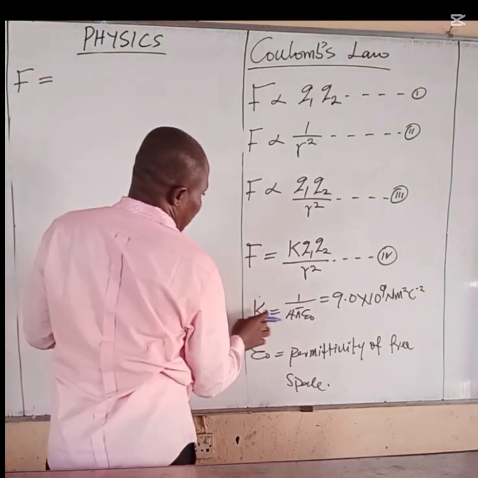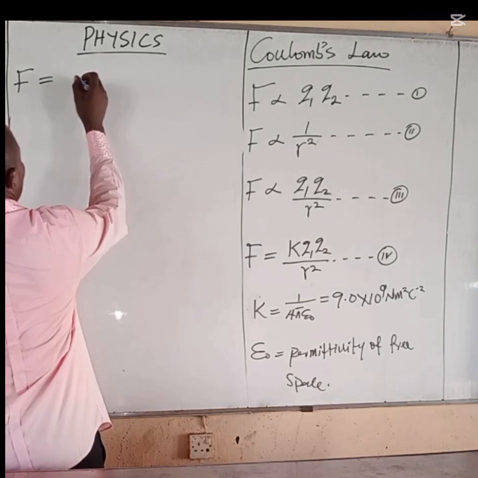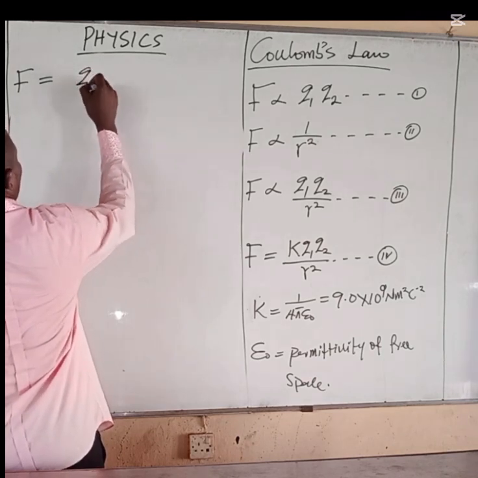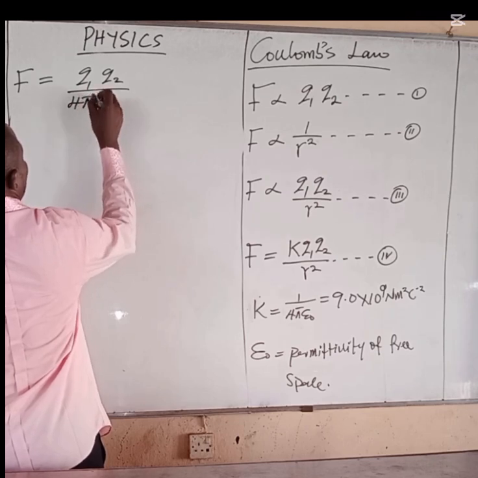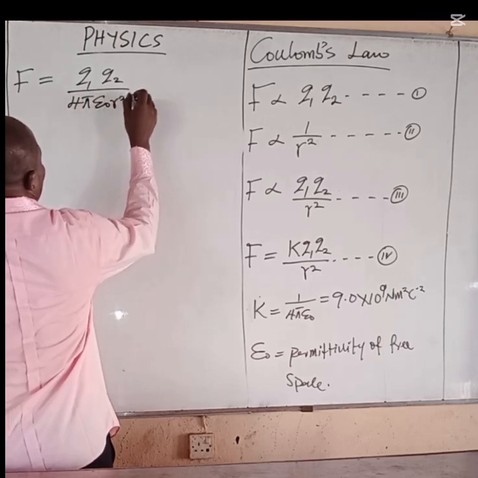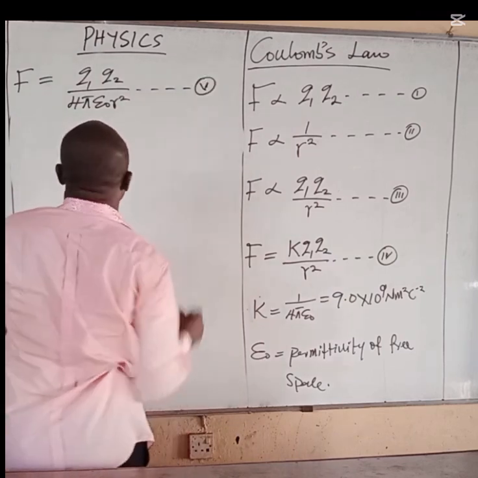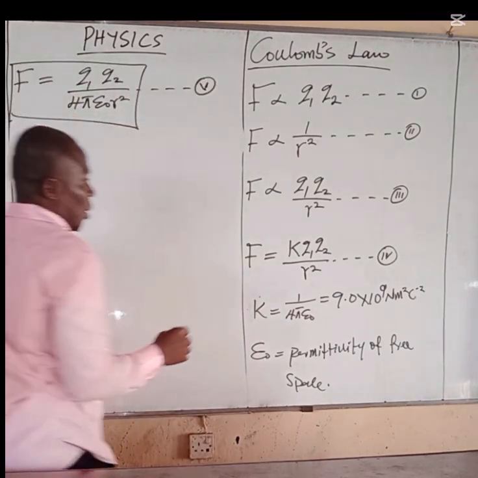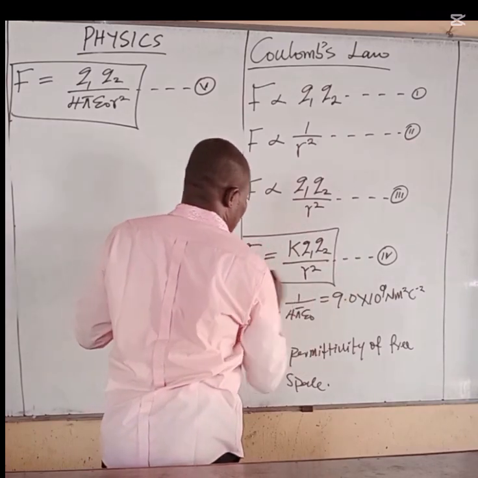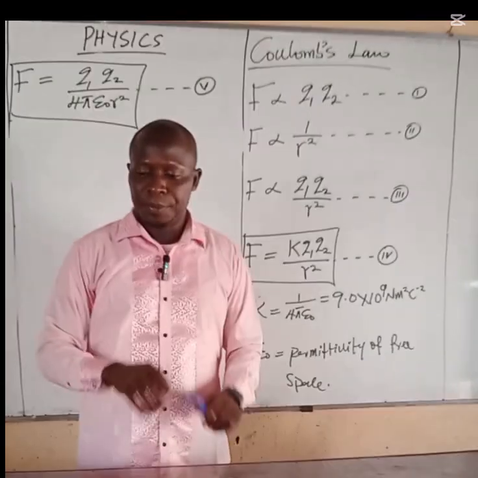Since we have said that K is equal to this, we can substitute that value in equation 4 so that we have F equals Q1 Q2 all over 4 pi epsilon naught R square. I call this equation 5. So this is the force of attraction or repulsion between two charges, equation 4 and equation 5.